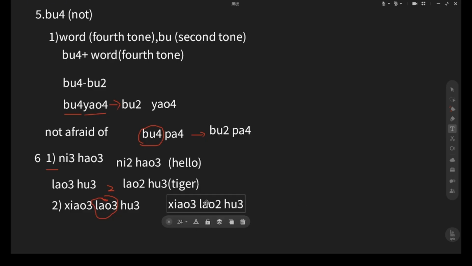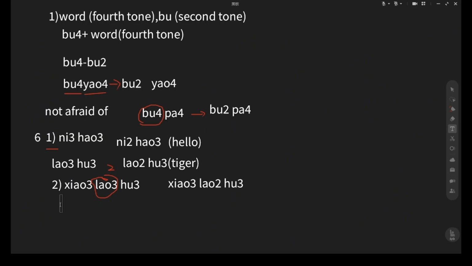We change the second word to the second tone. So we don't read it 小老虎, we read it 小老虎. Okay. We change the second word to the second tone. See one more example.